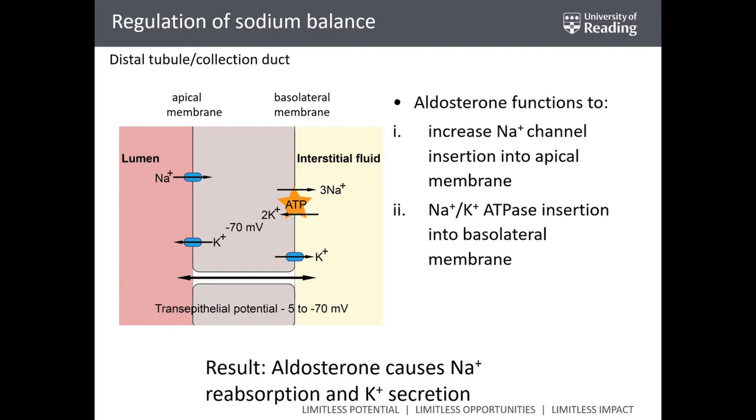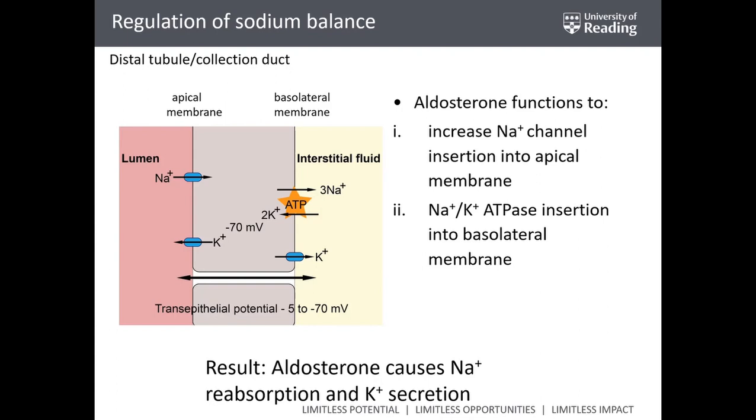Now, we do have leak passive channels for potassium, both on the apical membrane and on the basolateral membrane. And so depending on the direction and the intensity of the transepithelial potential, potassium will move into the two directions.